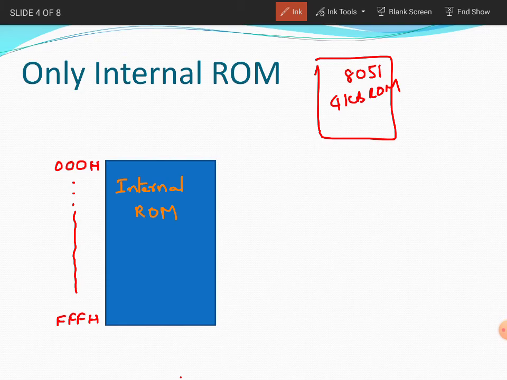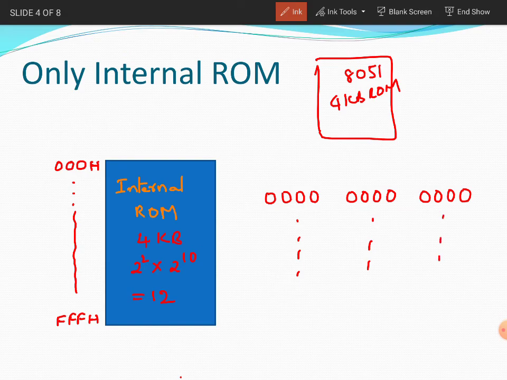What is the first case? Only internal ROM, and the size is 4 kilobytes. With 4 kilobytes, how many address lines? 4 is 2 power 2 and K is 2 power 10, so 12 address lines. The range is 12 zeros to 12 ones.